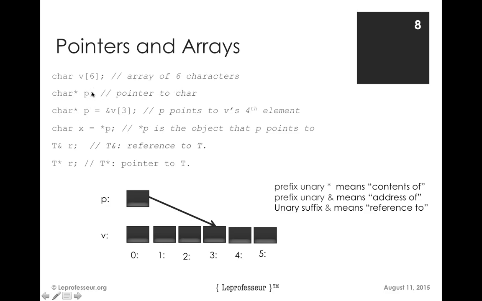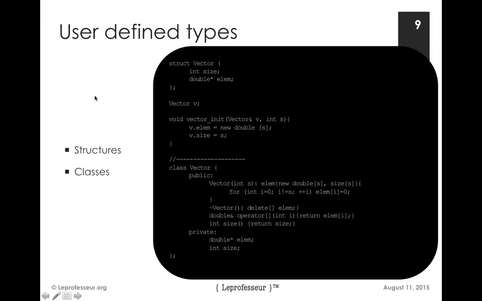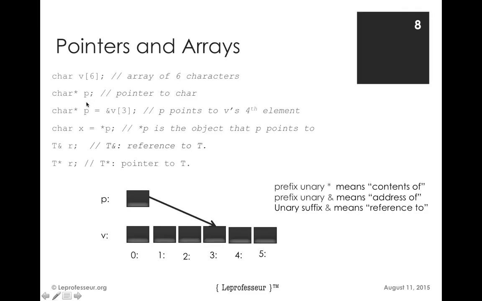Now this is uninitialized, so it's a dangling pointer, not good. We don't know what this pointer is doing. Of course C++ has good capability for garbage collection and all. It can warn you that this is a dangling pointer, but the good way is to assign an address to this pointer. So let's talk about initialization.